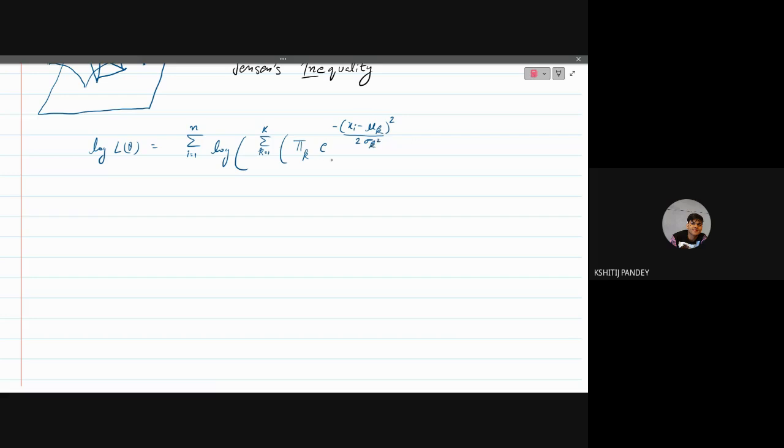This is nothing but part of the normal distribution, multiplied by 1 by root over 2 pi times sigma k.